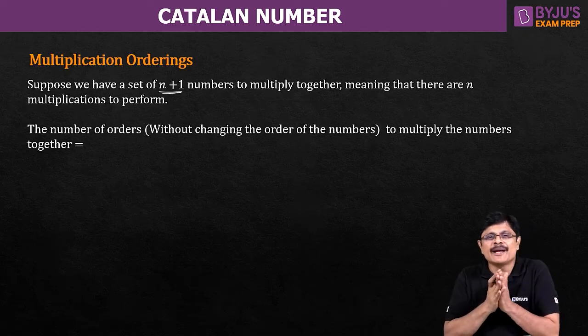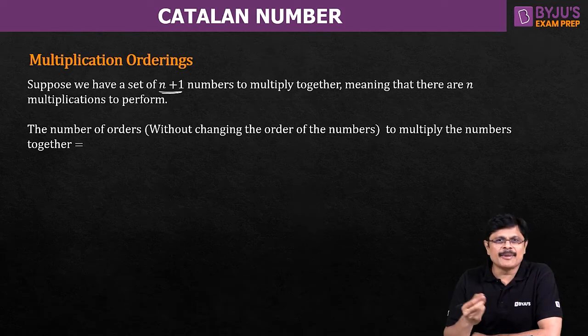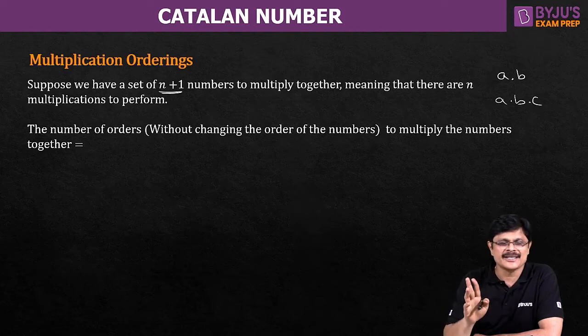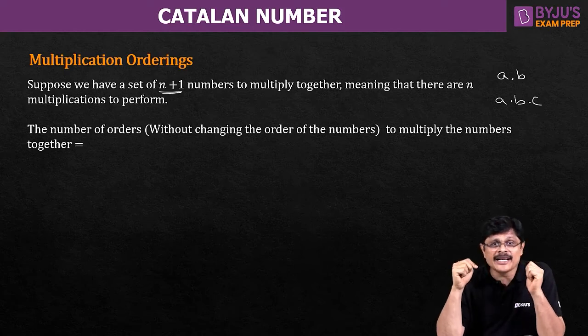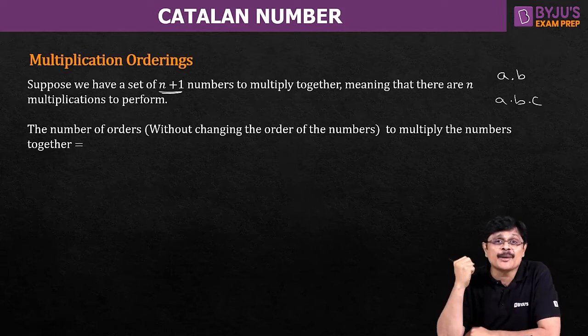That means there are n multiplications possible. If you have two numbers, one multiplication is possible. If you have three numbers, two multiplications are possible. So if you have n plus 1 numbers, n multiplications are possible.